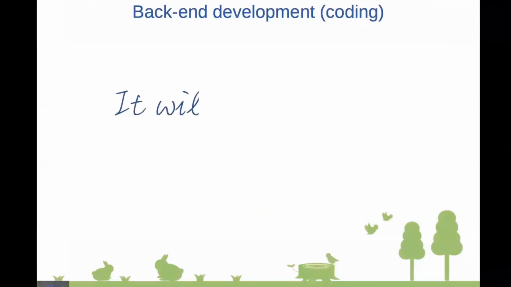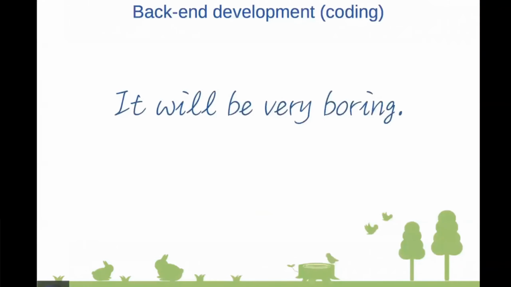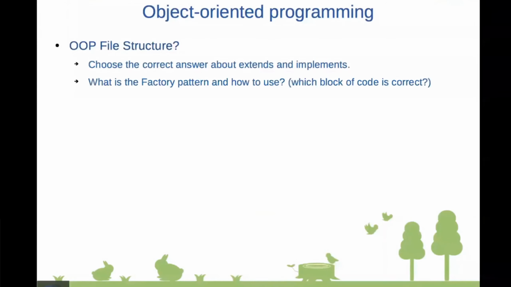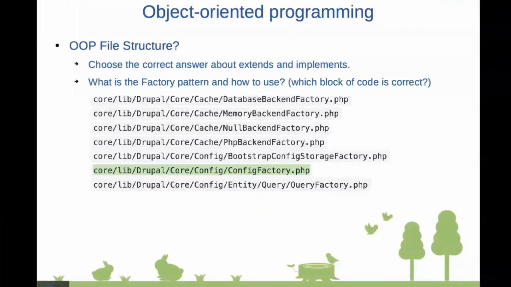Backend will be very boring, more boring. I mean, object-oriented file structure. I have nothing special to talk about right now because you have to go to the code. You can understand what's a namespace, how to define a class, how to extend, how to implement an interface, all kinds of things.